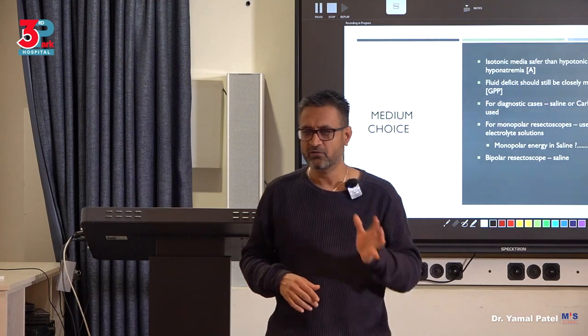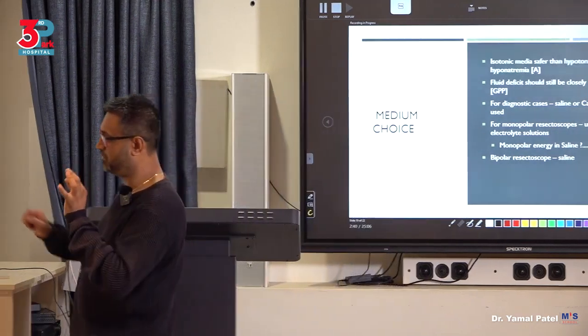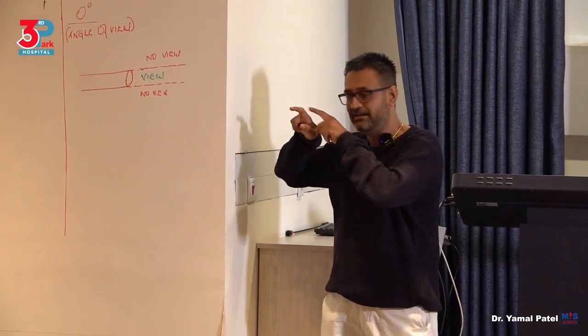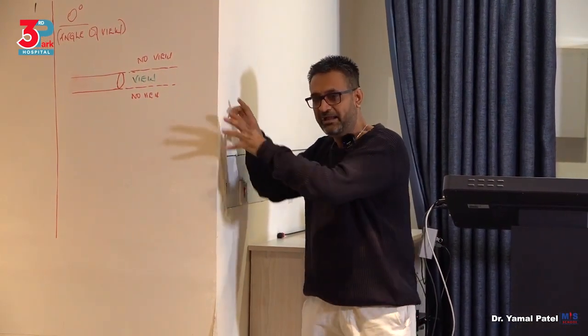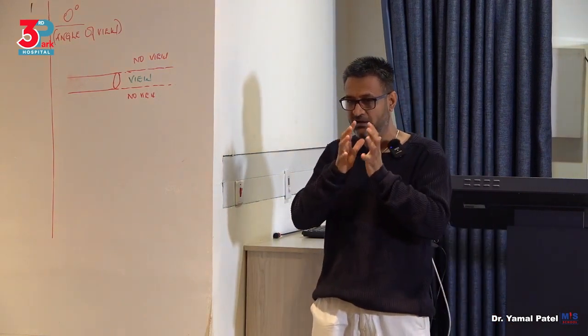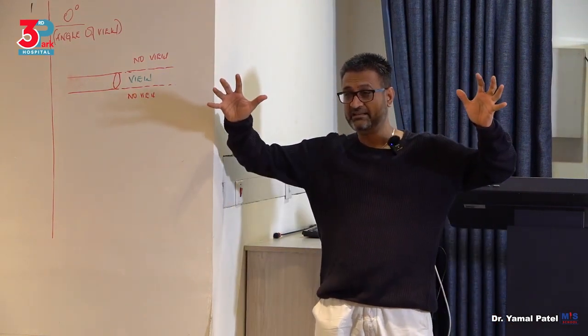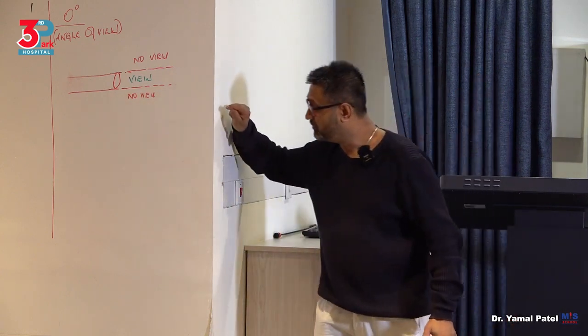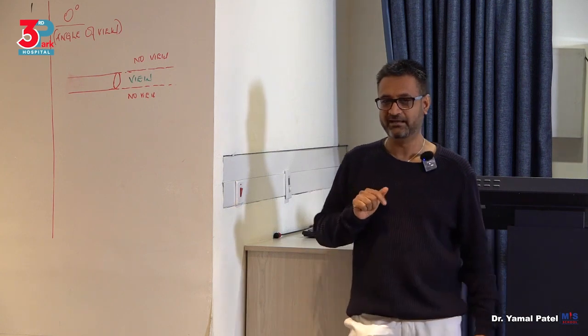Why? Because for you to cause a burn with monopolar, you have to concentrate your energy into one spot, and then it goes there and it burns. And then this is the return plate where the same energy is now dissipated across a big surface area. So big surface area, no burn. Small surface area, burn. Are we understanding?